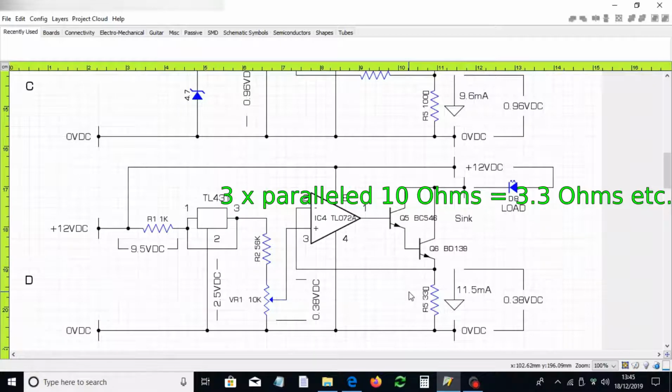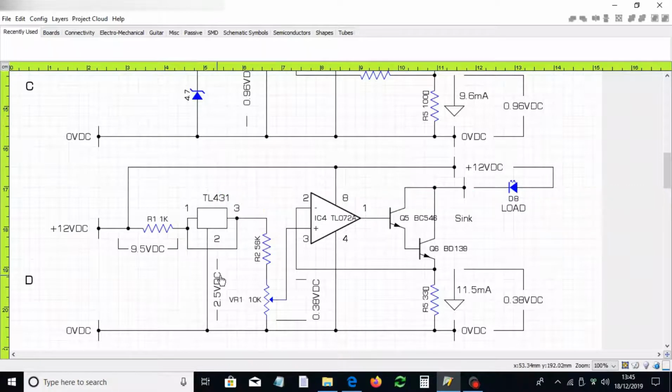Right, going back to this device, the TL431, it offers about 50 parts per million per degree shift. That translates, across the full temperature range of, let's say, 0 to 70 degrees C, to under 1%.